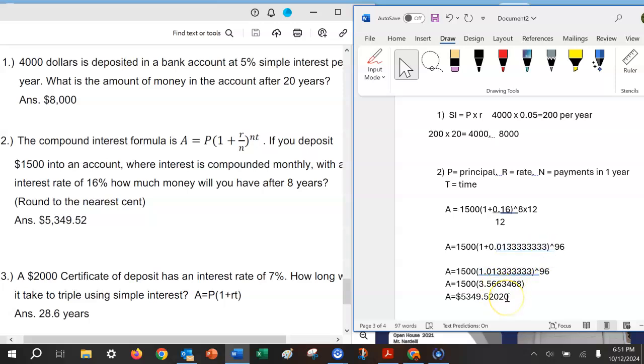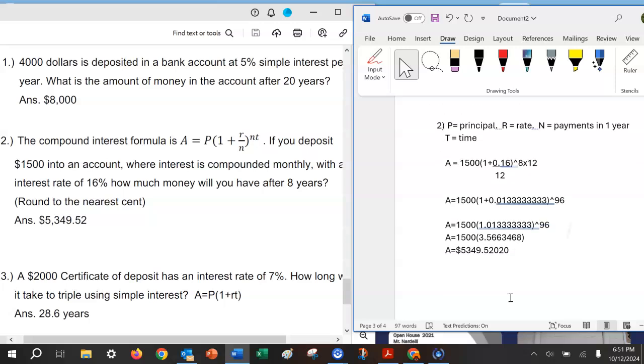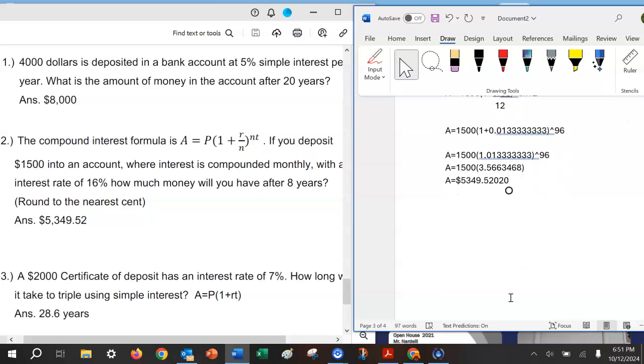Now, we discussed earlier, because a lot of us have gotten answers such as this, depending on how you rounded. You got like 5,347.65 or something like that. You're going to have to use your judgment at this point.